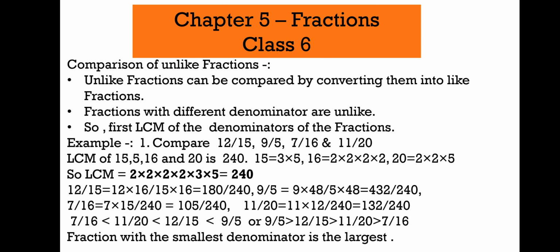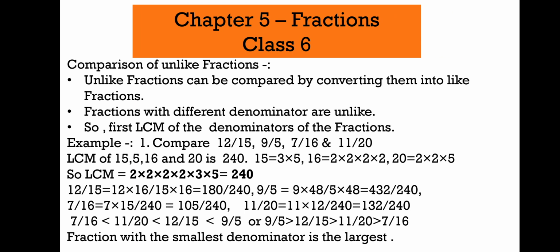Comparison of unlike fractions. Now the unlike fractions, you know that the numerator as well as denominator are different. Unlike fractions can be compared by converting them into like fractions. So you have to compare by converting them into like fractions. Fractions with different denominators are unlike.